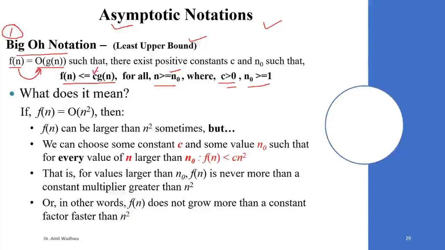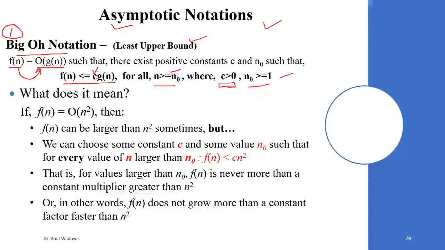This c is a constant, a multiplication factor, and it should be greater than 0, and n naught is greater than or equal to 1 because there must be at least one input based on which I want to find the big O notation.